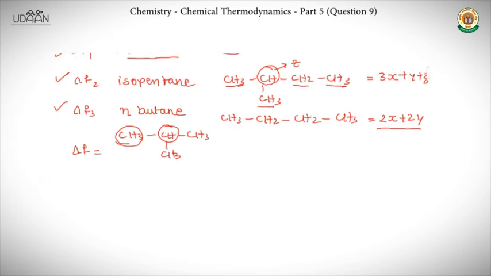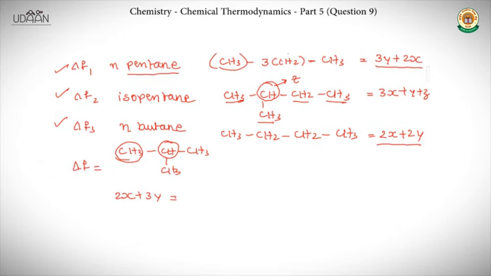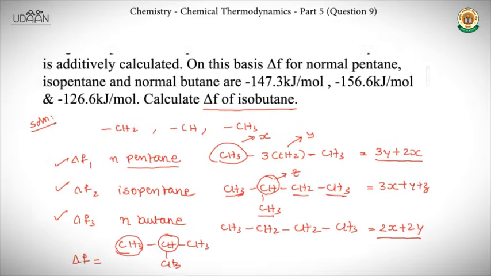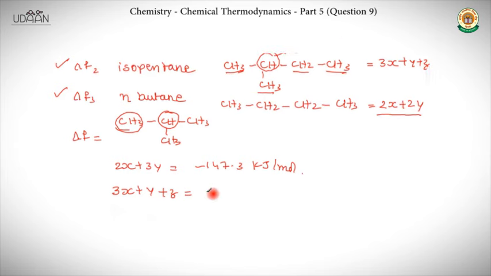Solving these equations, we have 2x plus 3y, which is delta F1, equal to minus 147.3 kilojoules per mole. And we have 3x plus y plus z, that is for isopentane, equal to minus 156.6 kilojoules.